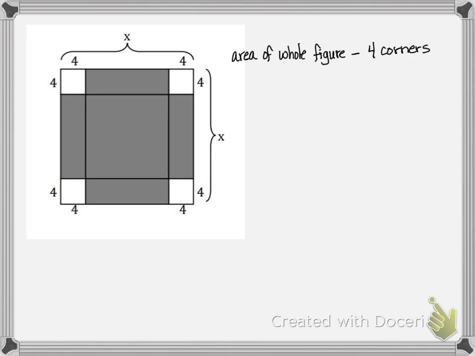I mean, in this case, it's a square, but we'll pretend we don't know that. And we're going to do length times width. And then each of the corners is also a rectangle / square. So we're going to have length and width, and we're going to multiply that by 4 because there's 4 of them.